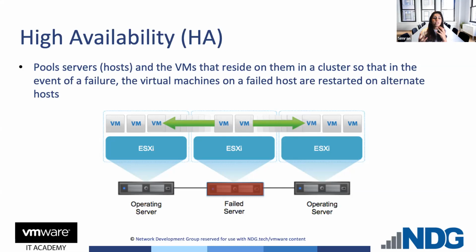As soon as HA notices there's a loss of a particular heartbeat, that's when it initiates a restart process, and it allows for another virtual machine to be created elsewhere. So it quickly recognizes a particular host has died, or something's happened, or it's failed, and it quickly moves all the virtual machines to other hosts that are still active and working.